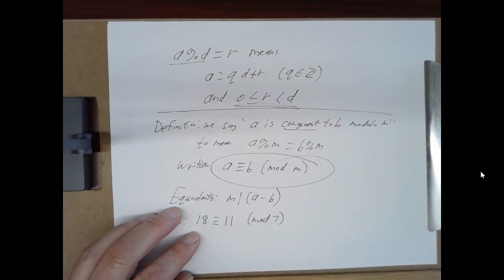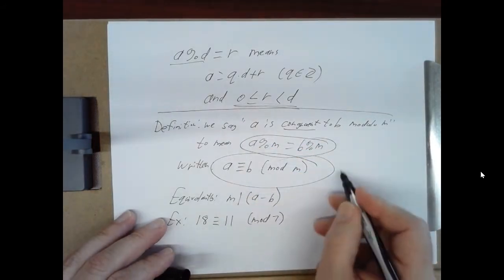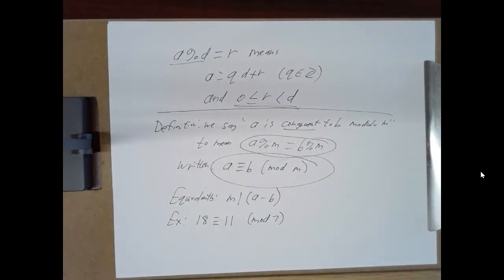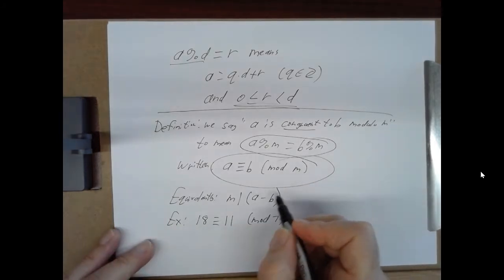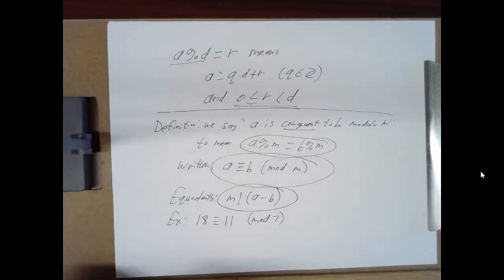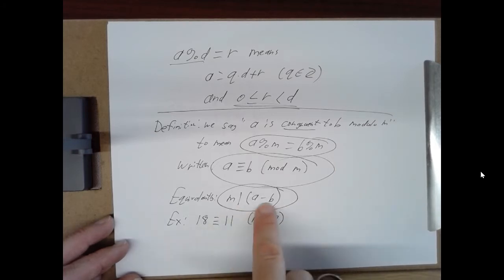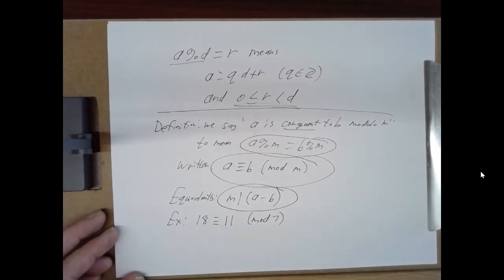That's a multiple of 7. So these are saying equivalent things. But this one is a little easier to work with because we have a formal definition of what divisibility means. So when we say A is congruent to B mod M, think of it like this: M divides the difference of A and B.